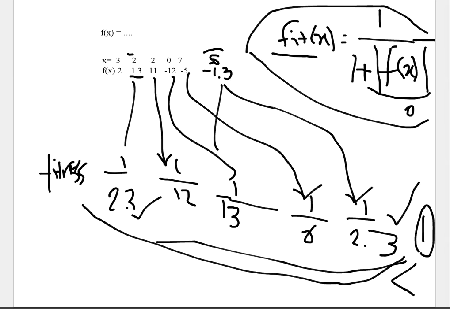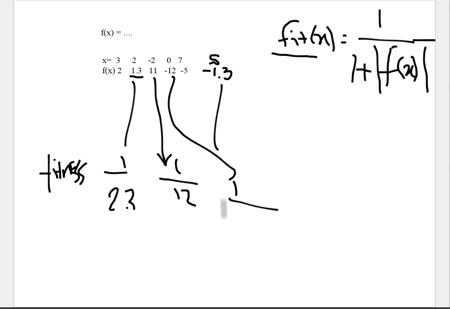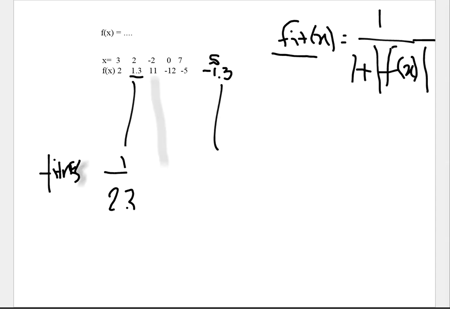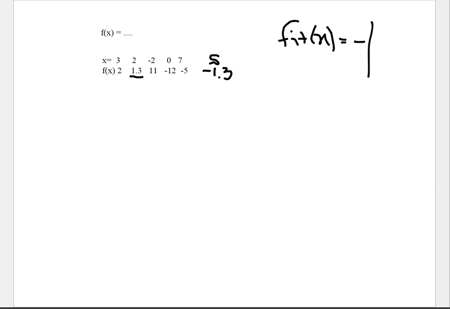If you want to use negative or reverse instead of division, another fitness value can be proposed here. For example, I write the negative of the absolute value of f(x).